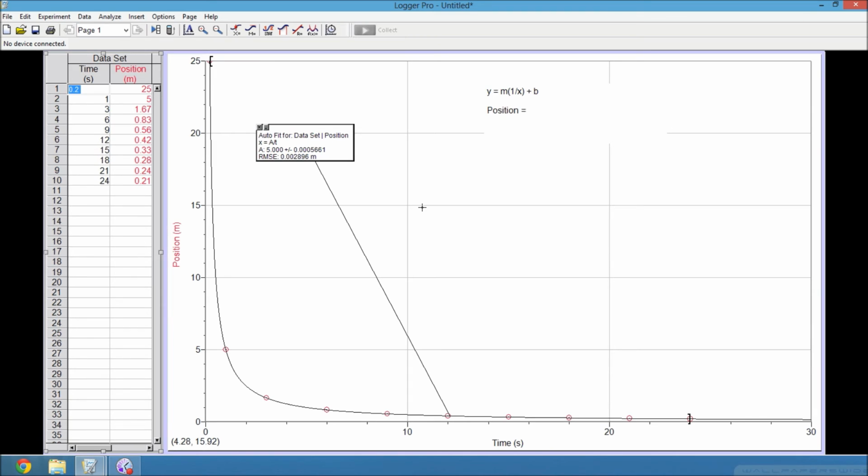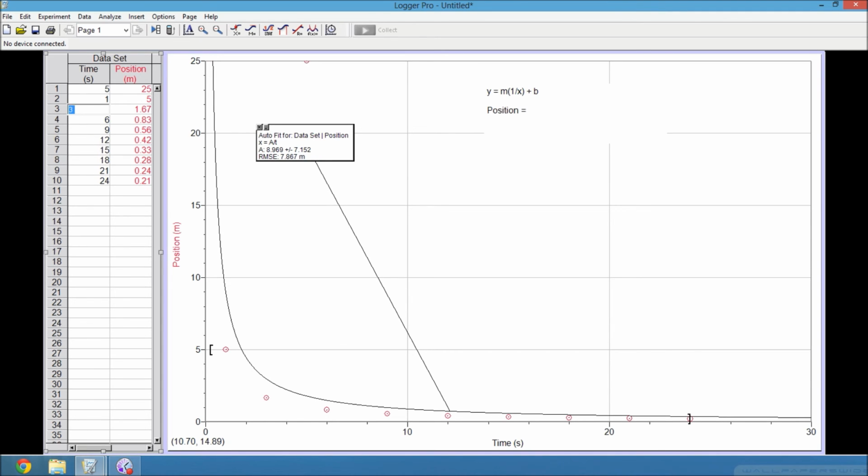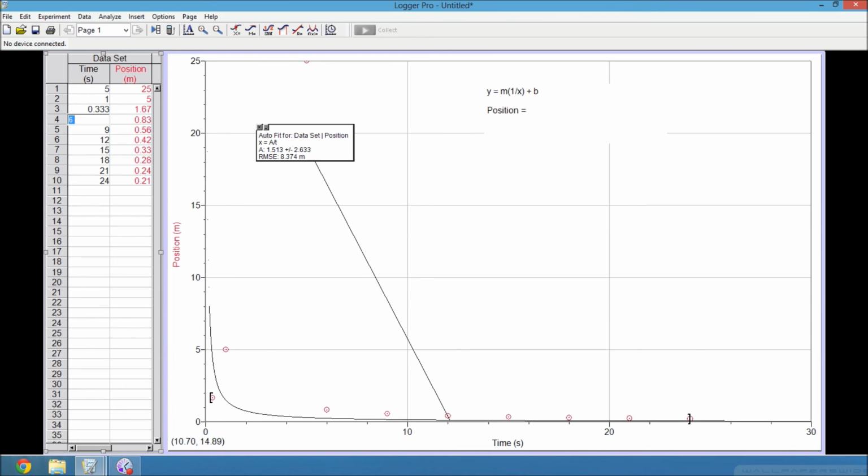So let's see, gotta do it again the long way. 1 over 0.2 is 5, 1 over 1 is 1, 1 over 3 is 0.33, 1 over 6, 0.167. You can see the dots moving into a linear shape right here. 0.11, 0.083.